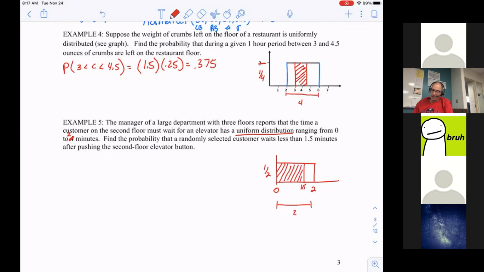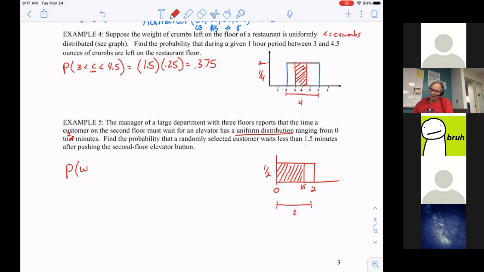Again, we're not given a variable. We could call this X, we could call it W for wait time. We'll just call it W. And actually, I goofed up in that I introduced that variable C up here. C is going to be equal to crumbs.